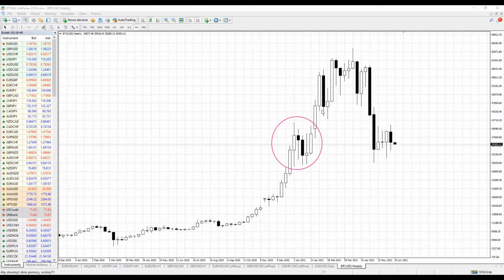Unfortunately, we haven't seen anything close to that level. Once we broke out of this base rally zone, we haven't seen really the 50% retest of that zone.